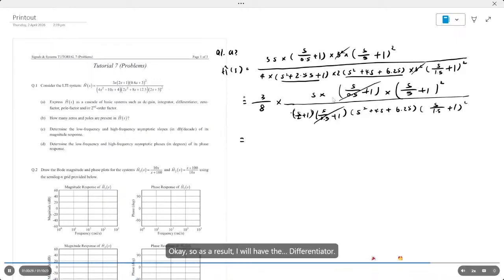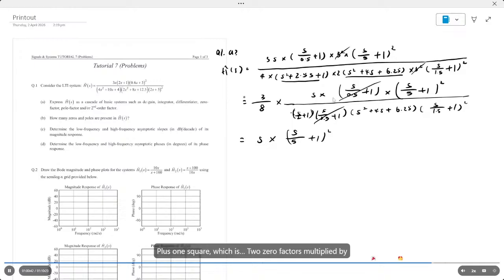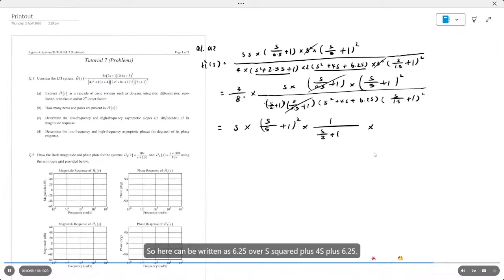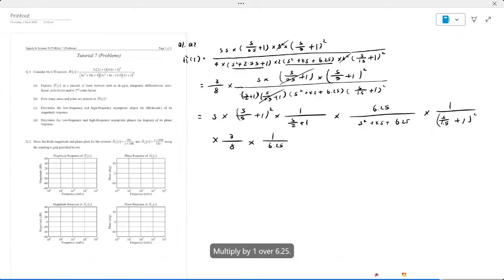Okay, so as a result, I will have the differentiator multiplied by s over 5 plus 1 square, which is 2 zero factors, multiplied by 1 over s over 2 plus 1 multiplied by 6.25 over s squared plus 4s plus 6.25, and then multiplied by 1 over s over 1.5 plus 1 square, and then I have 3 over 8 multiplied by 1 over 6.25.